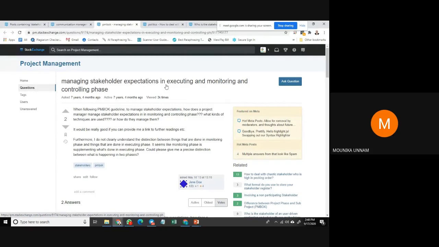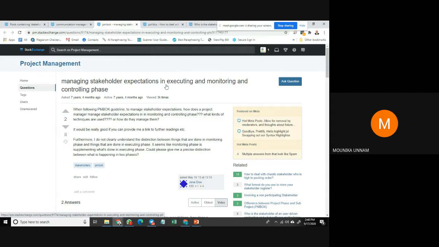Managing stakeholder expectations in executing and monitoring and controlling phase. When following Project Management Body of Knowledge guidelines to manage stakeholder expectations, how does a project manager manage stakeholder expectations in the monitoring and controlling phase?